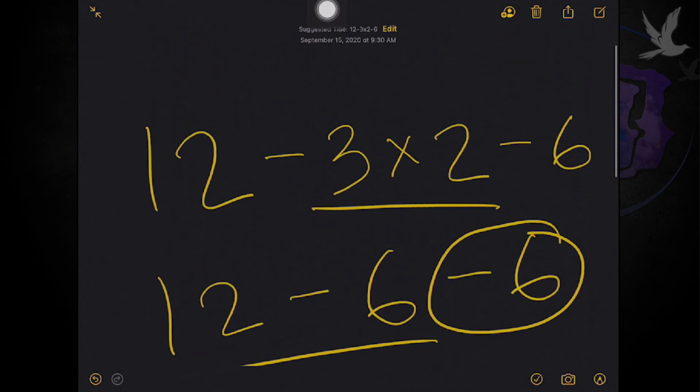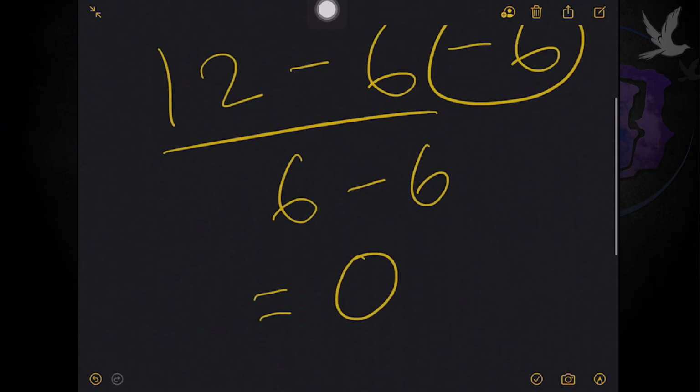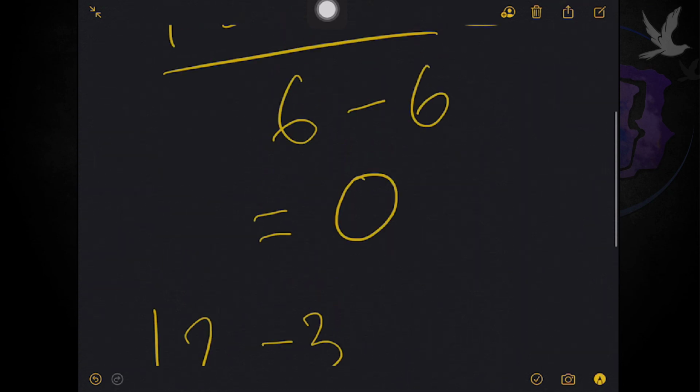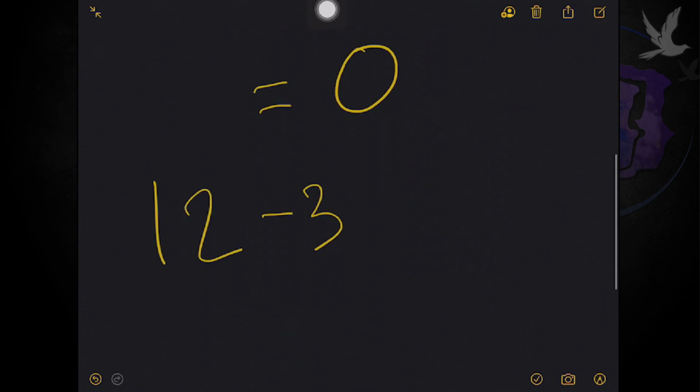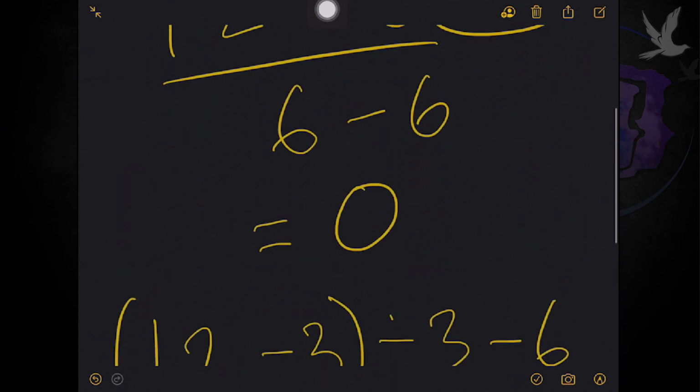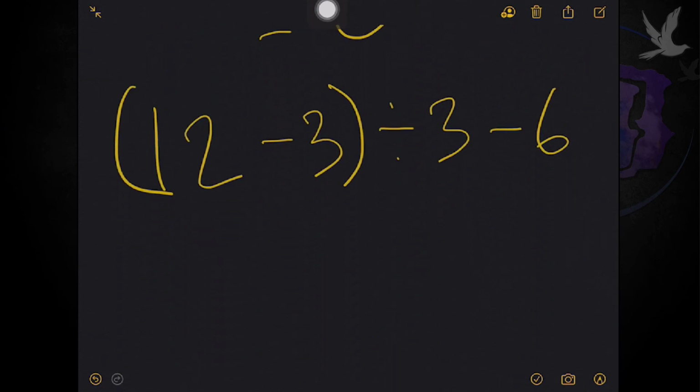One more example. We have using the same lang. 12 minus 3. But this time, let's say I'll write divide na lang. Divide by 3 minus 6. Kasi baka sabihin nyo, parating na lang multiplication. So in this case, we have 12 minus 3 in parentheses divided by 3 minus 6.